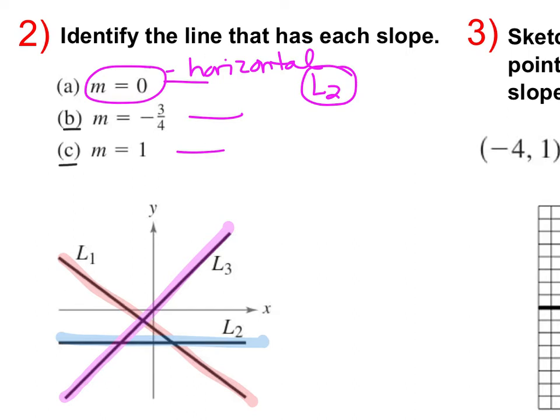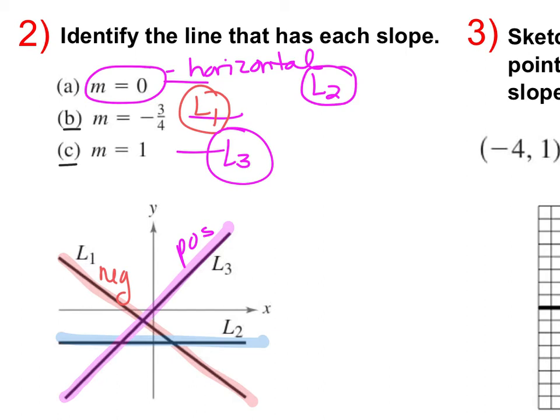So all I need to do is look at my graph and say, well, line 1 has a negative slope, so that has to be the -3/4, and line 3 has a positive slope, so that has to be the positive 1. So even though we don't know numbers on this, just the direction of the line can help us tell the difference with our slopes, positive, negative, and 0.